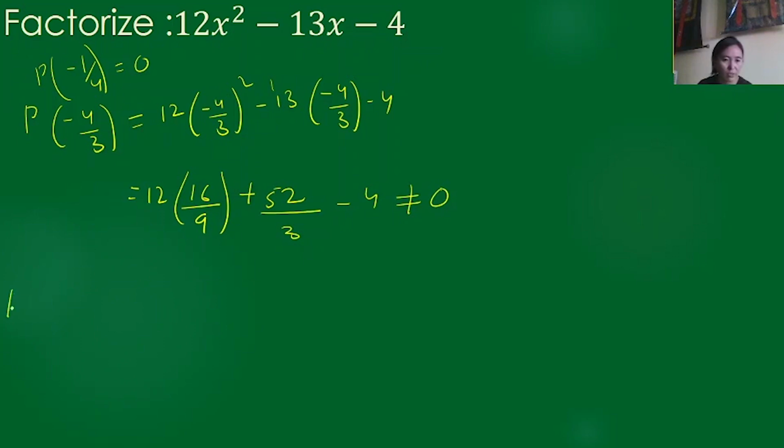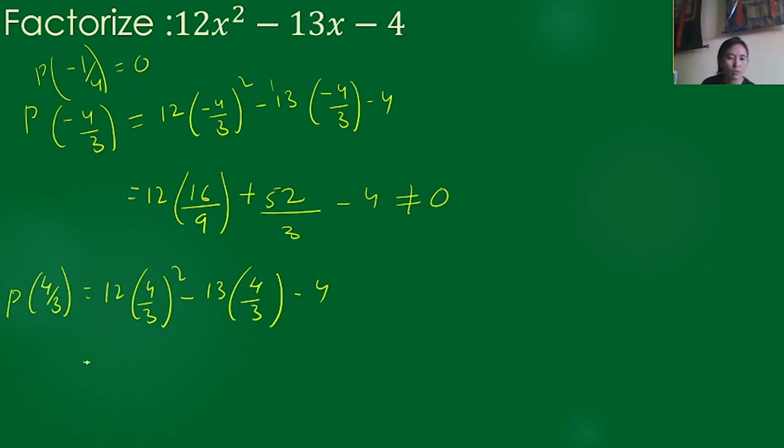So I'll try with another value, that is p of 4 by 3, which is equal to 12 times 4 by 3 whole square minus 13 into 4 by 3 minus 4. Now this will be equal to 12, 16 by 9 and minus 52 by 3 minus 4, and 3 4s are 12 and 3 3s are 9.